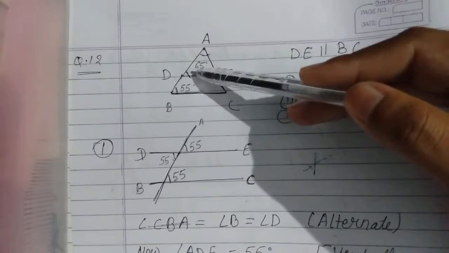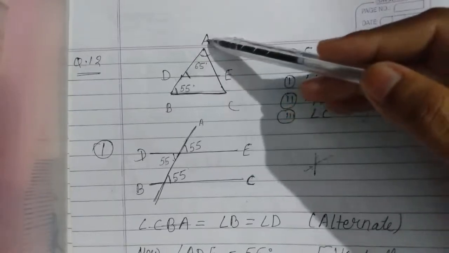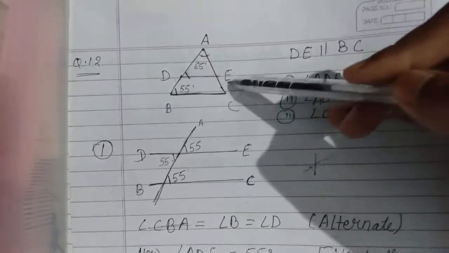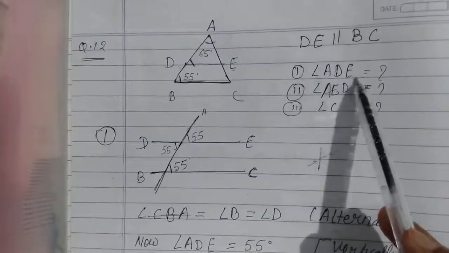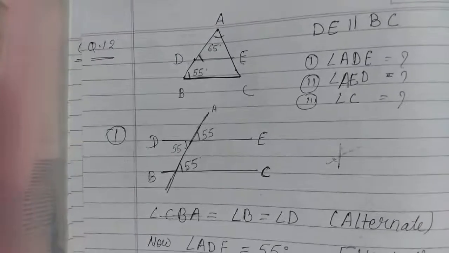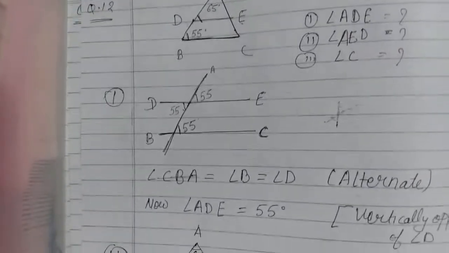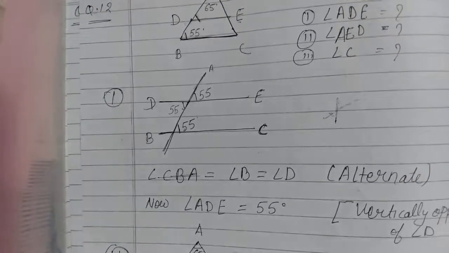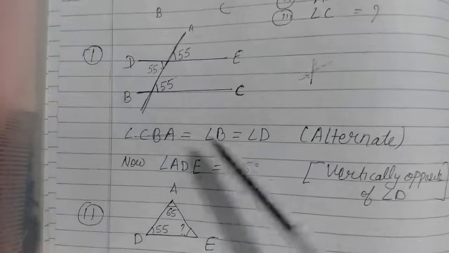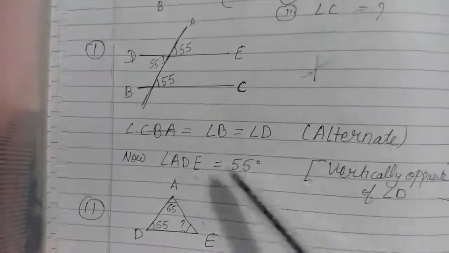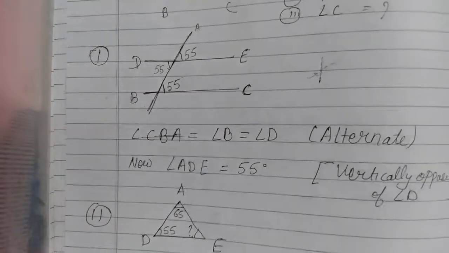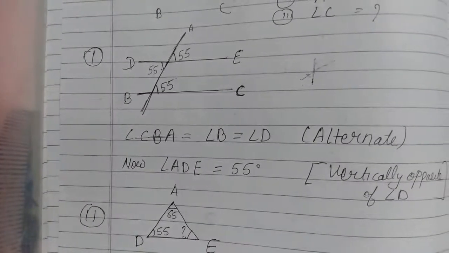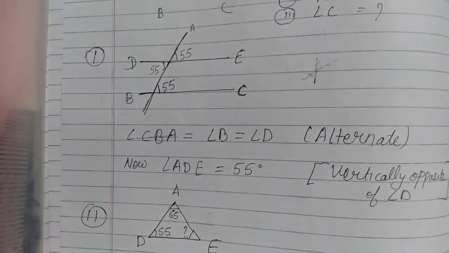So ADE is equal to 55 degrees. You can also see the solution of this: because B and D are alternate, and this is vertical. So ADE is equal to 55 degrees, vertically opposite angle.